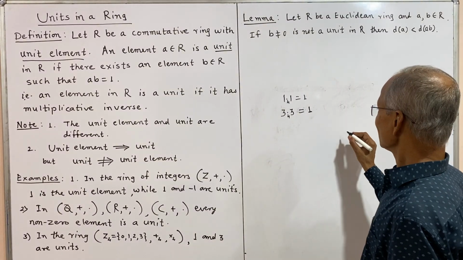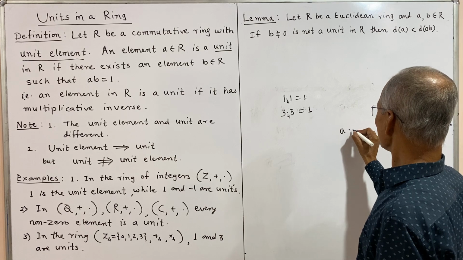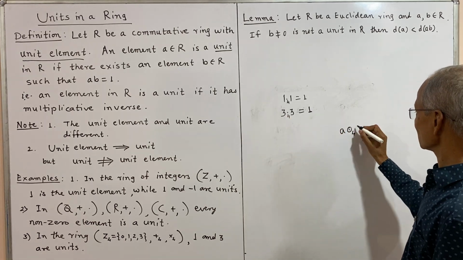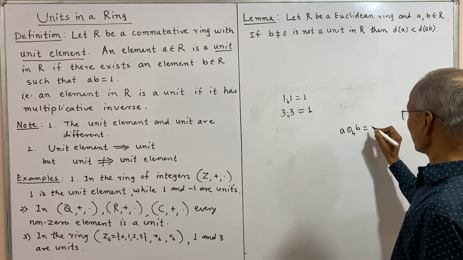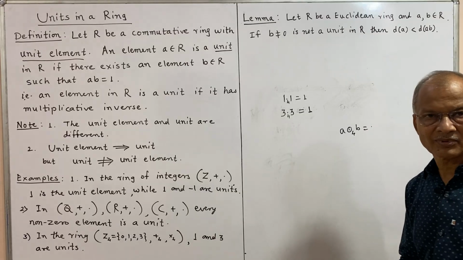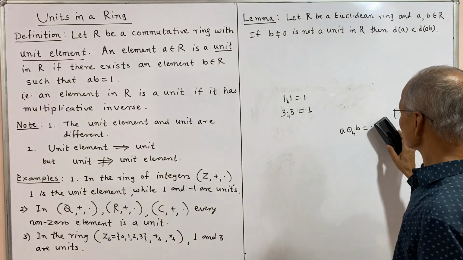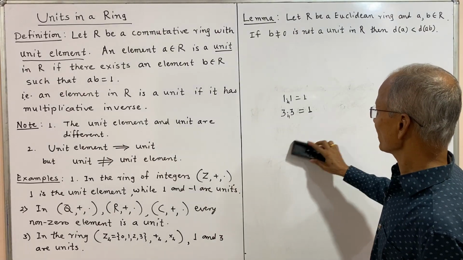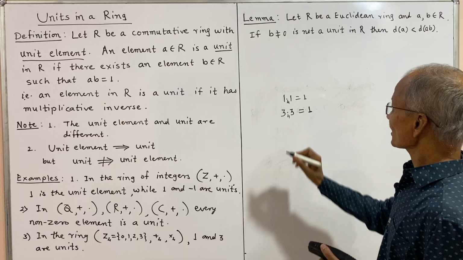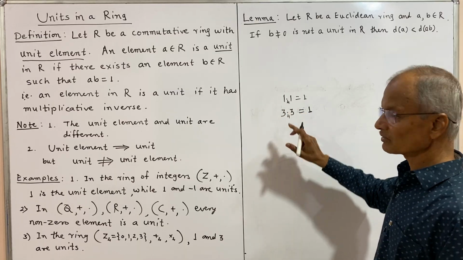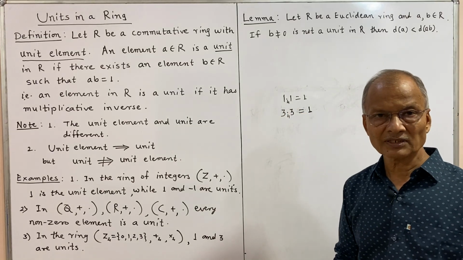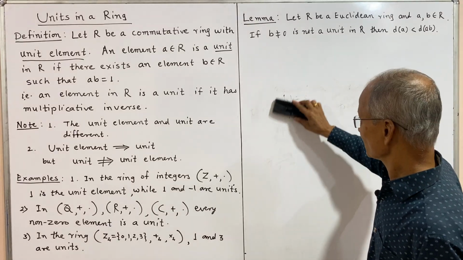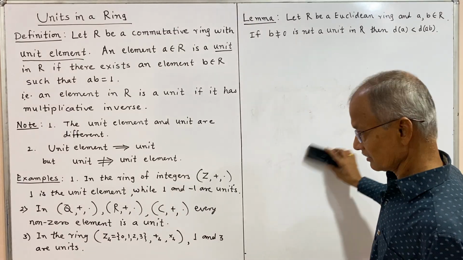The definition is that A multiplication modulo 4 B is the remainder when A into B, the usual product, is divided by 4. Here 9 divided by 4 gives remainder 1, and therefore the inverse of 1 is 1, the inverse of 3 is also 3, and thus 1 and 3 are units in this ring.